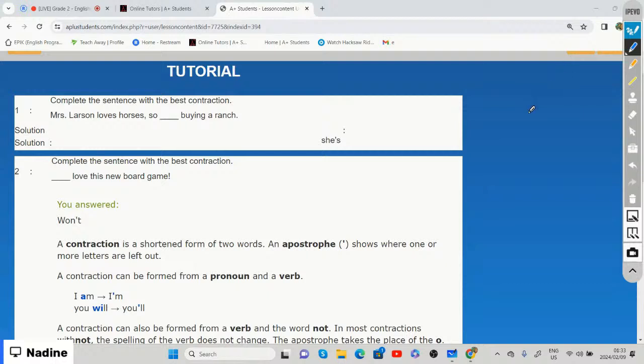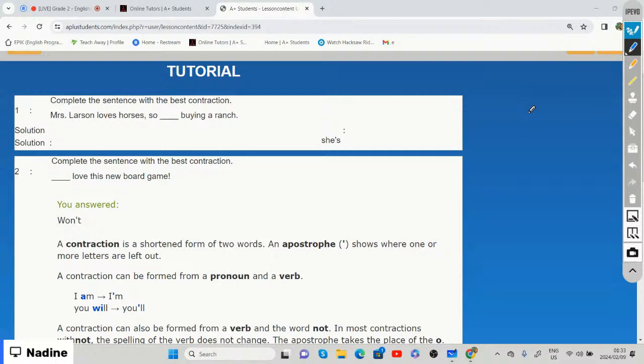And remember, we said a contraction is a shortened form of a word. We first started by saying that a contraction is formed from a pronoun as well as a verb, where the pronoun stays the same and we shorten the verb.